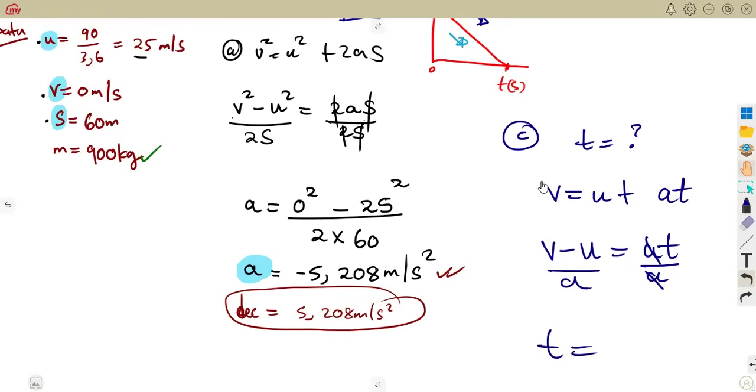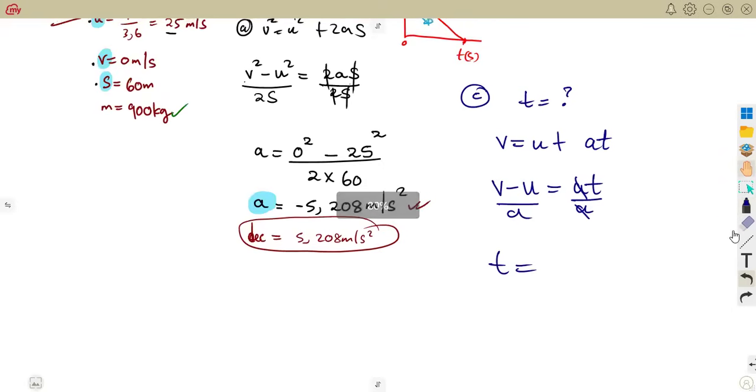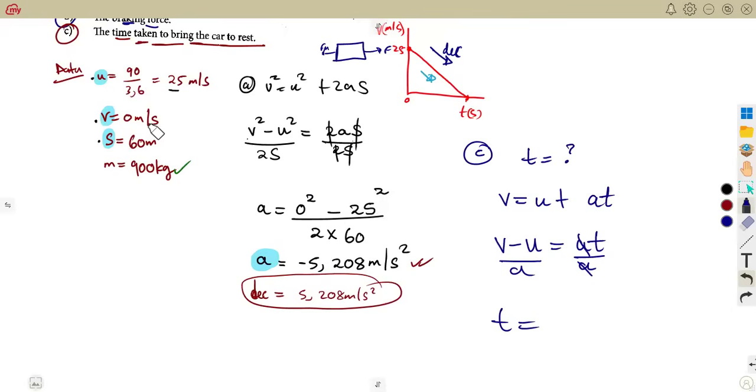So our T was going to be V minus U over A, of which we've got these values, guys. Our V is there. Our U is there. Remember, V, our final velocity, that's 0 there, minus U, which is 25, over the acceleration. Acceleration is negative 5.208. You use the negative there on your calculations.